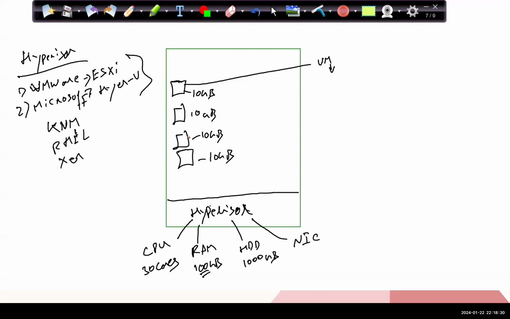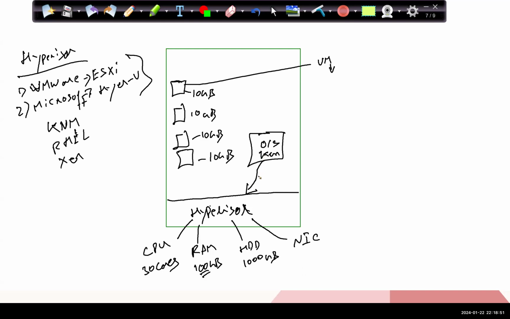Correct? So what this hypervisor basically does is, now let us say this VM has a kernel and then the operating system, right? Now, this kernel is actually going to talk to my hypervisor.